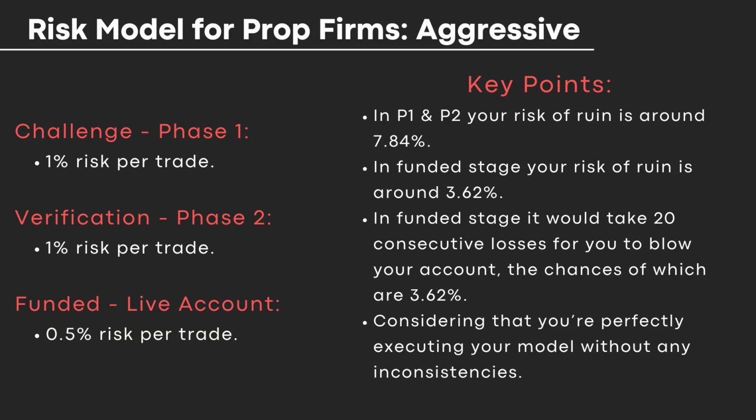Now, these parameters only stay true if you have a system and model that lies in the profitable section of the RR and win rate table and the curve that I showed you earlier, right? And your equity curve is towards the upside, meaning it's making progress and it's making profits in the long run. Also, another important thing is that this works in the ideal scenario when you are consistently following your system and not having any irregularities within your execution of that particular model.